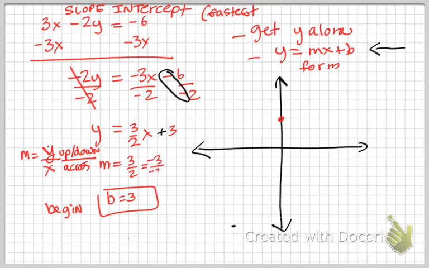I'm going to rise 3 and run 2. Or I can go down 3 and left 2. So negative over negative really is a positive slope. And then we draw the line and label 2 points, hopefully your intercepts, unless your intercepts are going through a point.